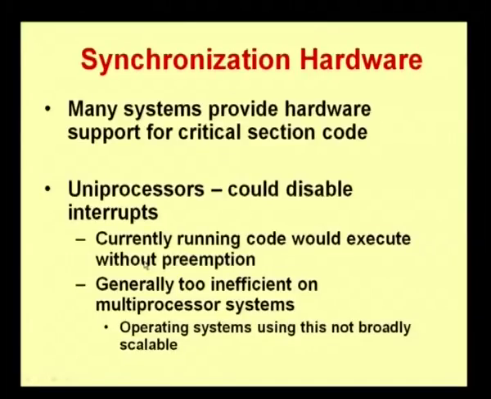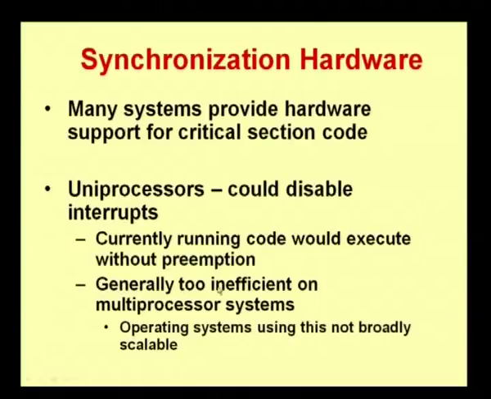When you work with the uniprocessor, it can disable interrupts, which helps the process come out of the critical section. In a uniprocessor, currently running code would execute without preemption.